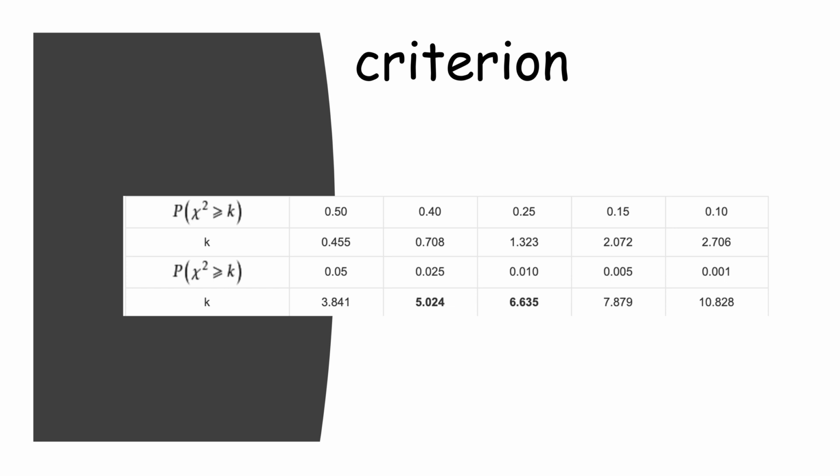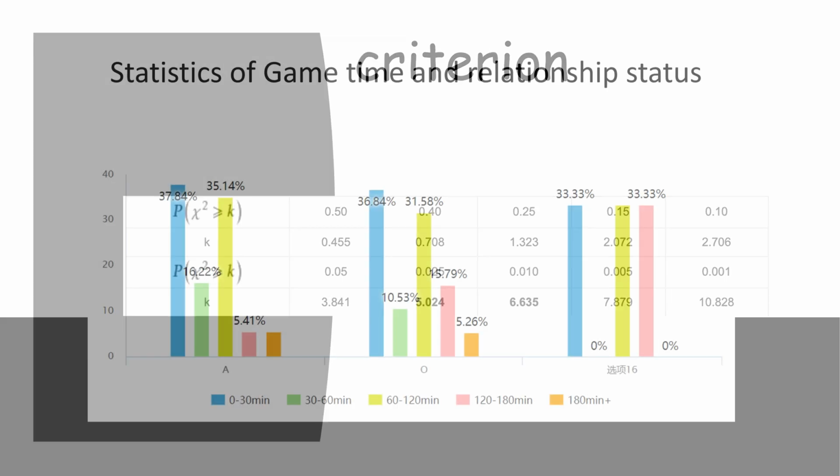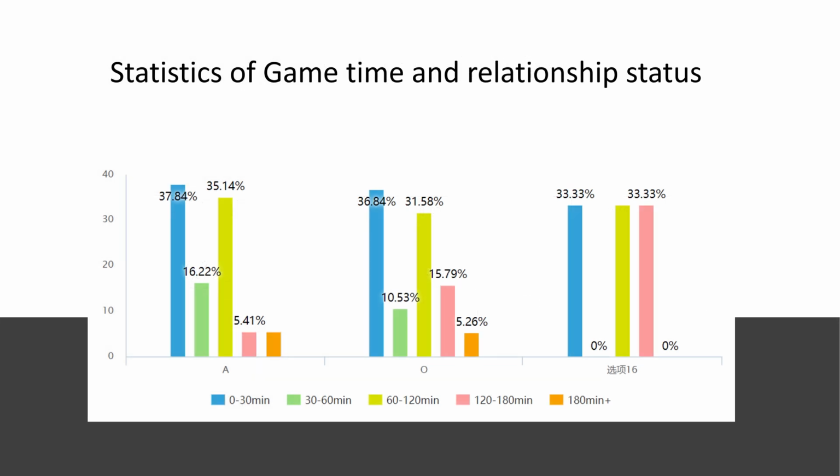The following is the statistics of the game time and the relationship status. A here means available, and O here means occupied. This is a table we formulated from the last graph. The formula is here, and that value is A, that value is B, that value is C, and that value is D. Then we can calculate it.